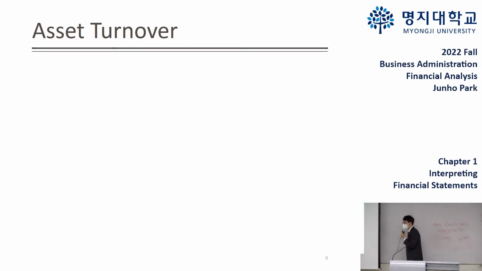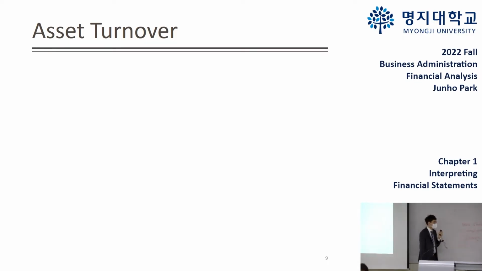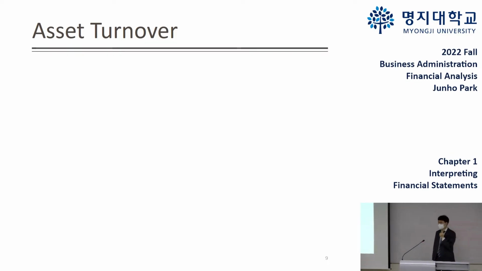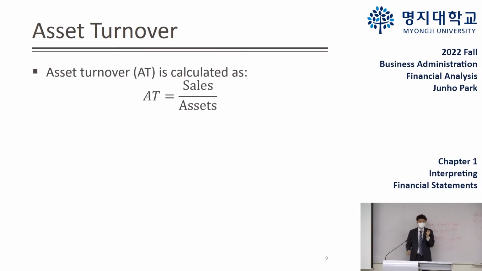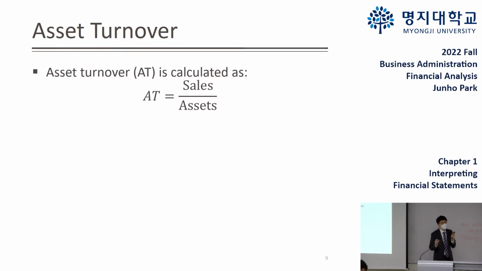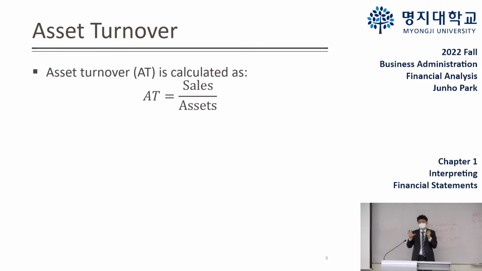So, asset turnover. Let me explain in a short example why this is called asset turnover. All right, let's assume that I'm selling some toys in a small town. I'm running a shop, and I often buy merchandise worth $100.